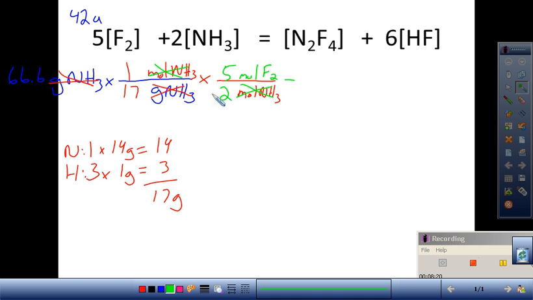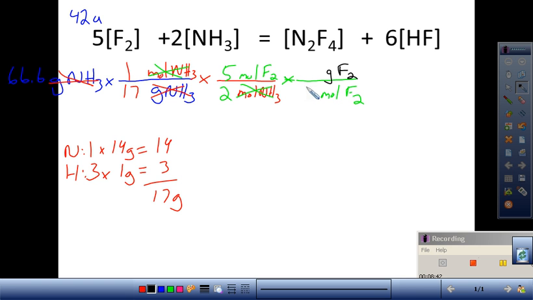Cross off my like units. Now I'm in moles of F2. I don't want moles of F2, so I got to keep going. I'm going to take the units, put them down here. Now I do want grams of F2, and I can always convert grams or moles to grams and vice versa.